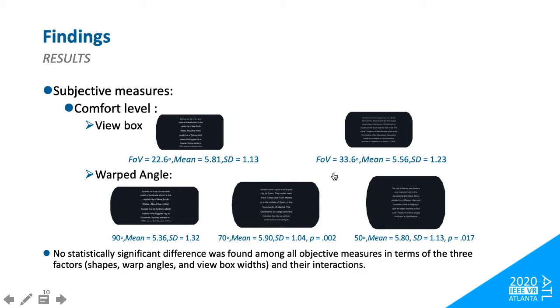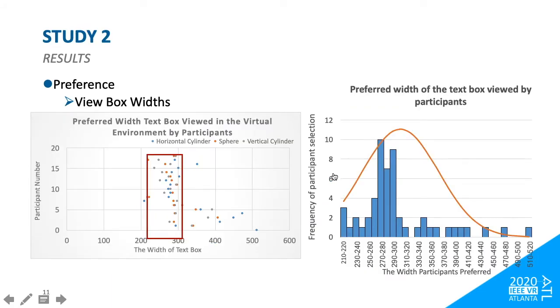As for the preference, as you can see, as for the view box width, it is almost centralized in this area. And if we convert it to the field of view, it would be 25.4 degrees to 28.1 degrees.